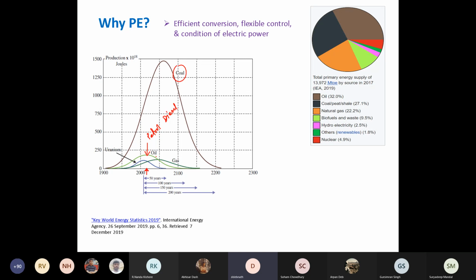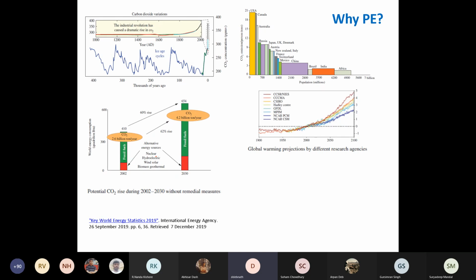Solar photovoltaic, wind energy. And another problem with coal is that if you have seen any coal thermal plant, you'll see it actually generates a lot of pollution, right? And that is again contributing to climate change, global warming. So we should do something so that we generate coal power as little as possible.